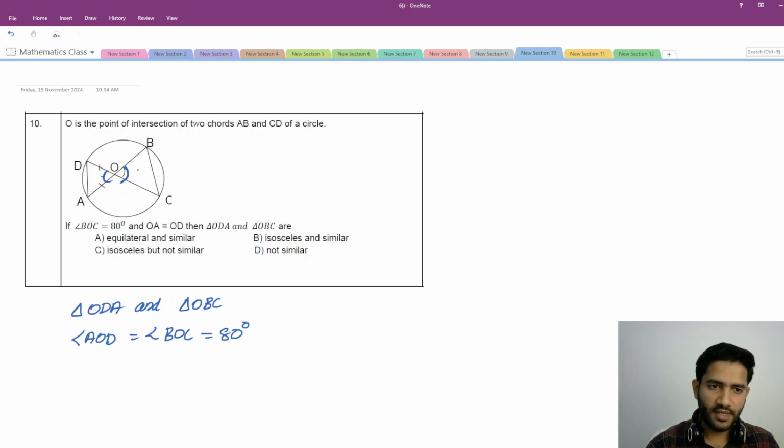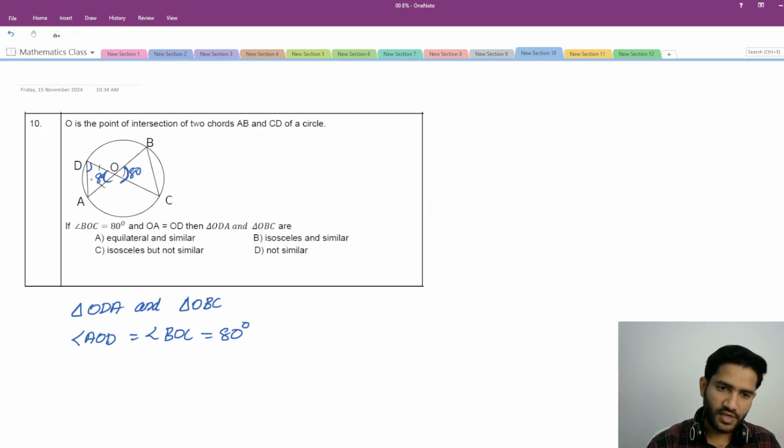So these two are 80 degree. And more than that, this triangle is an isosceles triangle.